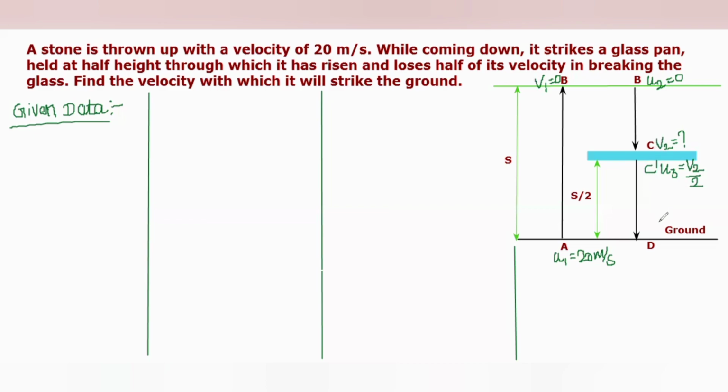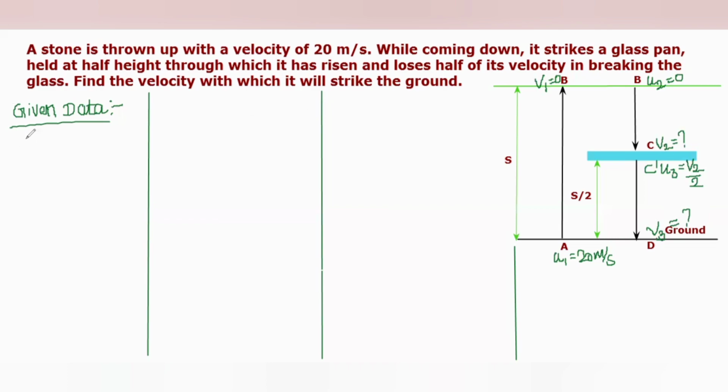Then the final one, when it hits the ground, is the final velocity V3. So these are all the things we are going to consider. First, the given data.